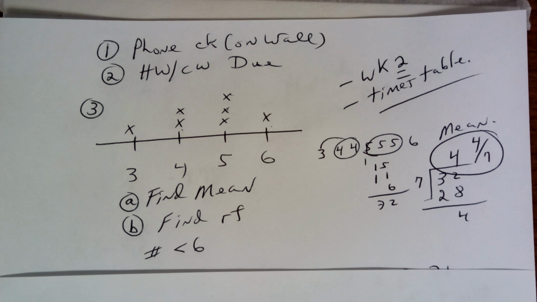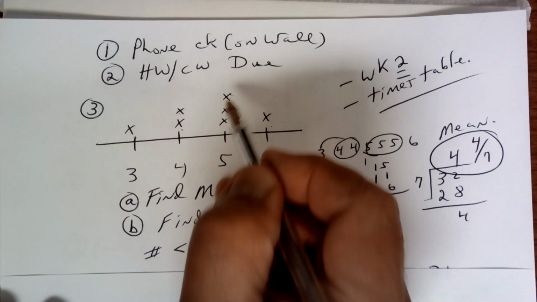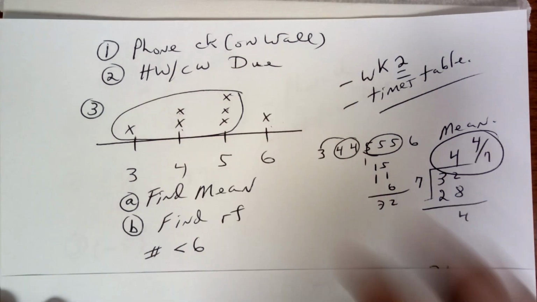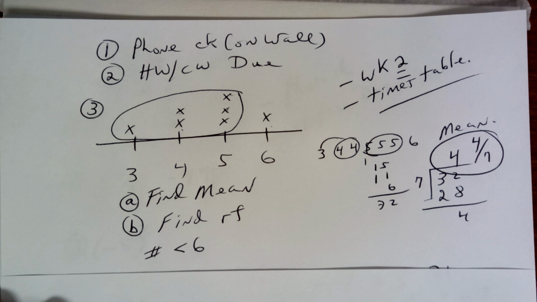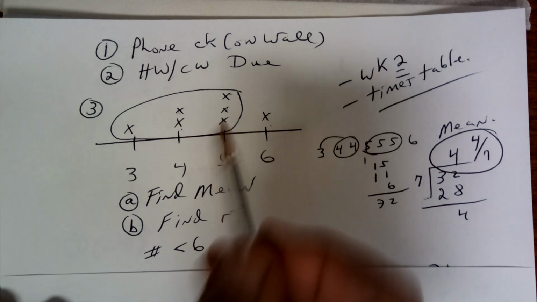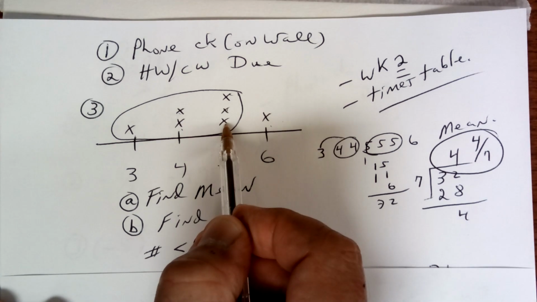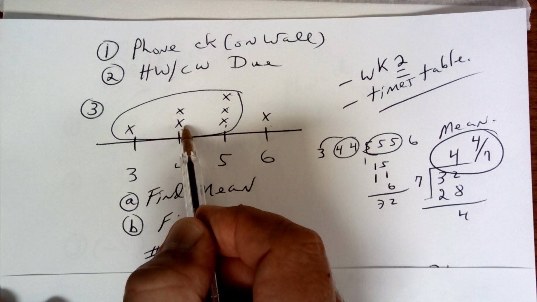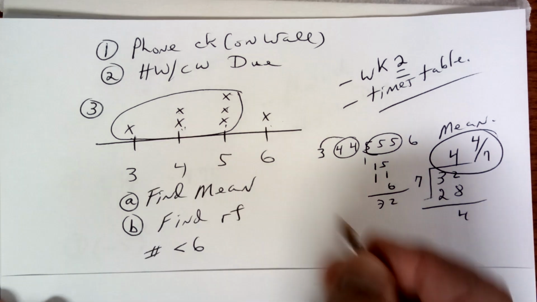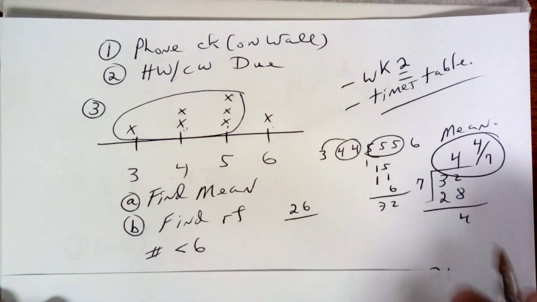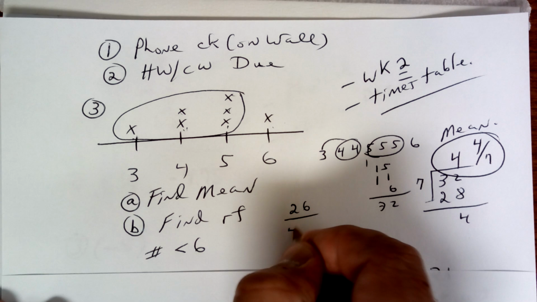To find the relative frequency of numbers less than 6, it would be these. So you would add that up. 15 and 8 is 23. I guess that's 26. So you would take 26 divided by the total, which is 47.